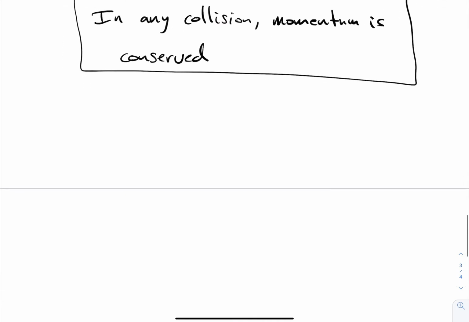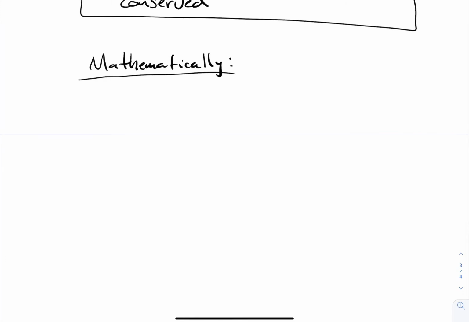What we're really interested in for our class is probably the mathematical definition. It's very much like POCOE. We'll just always use the same sort of process here. Mathematically, we will compare the total momentum before a collision to the total momentum after a collision. So technically, what this tells us is that momentum before a collision is always equal to the momentum after a collision.